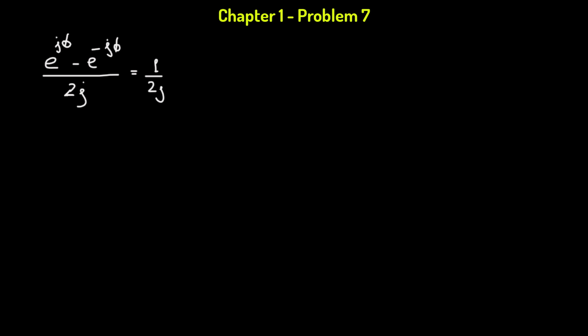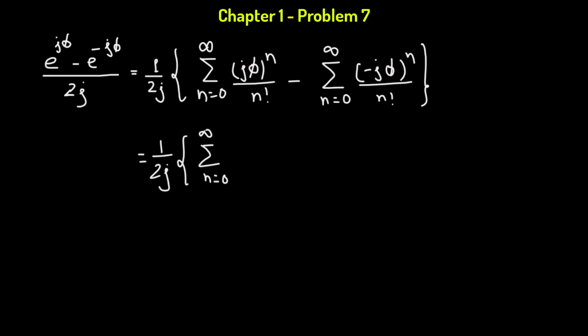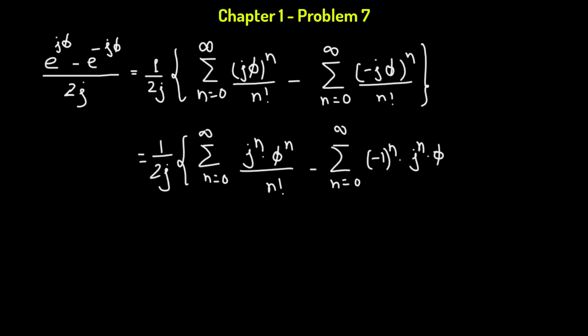And in the summation notation, we can rewrite it as 1 over 2j multiplied by summation n going from 0 to infinity of (j phi) raised to the power of n divided by n factorial, minus summation n going from 0 to infinity of (negative j phi) raised to the power of n divided by n factorial, which then gives us 1 over 2j multiplied by summation n going from 0 to infinity of j raised to the power of n times phi raised to the power of n divided by n factorial, minus summation n going from 0 to infinity of (negative 1) raised to the power of n times j raised to the power of n times phi raised to the power of n divided by n factorial.